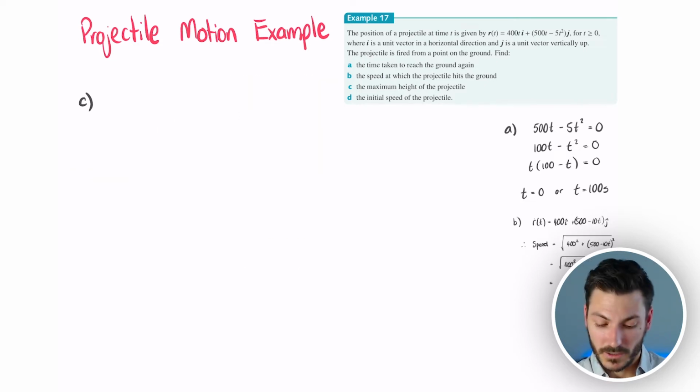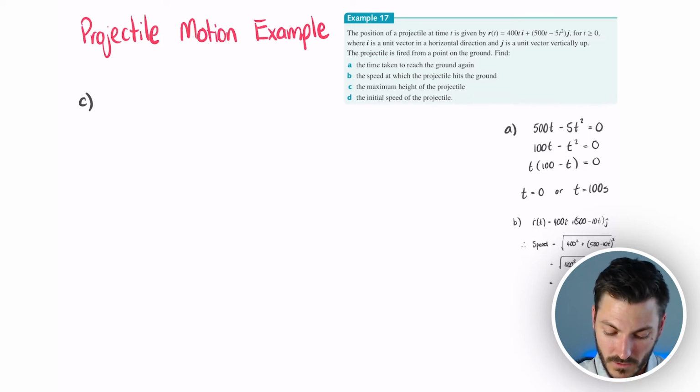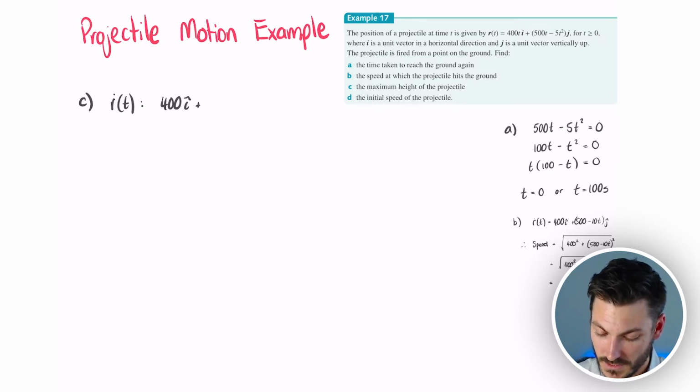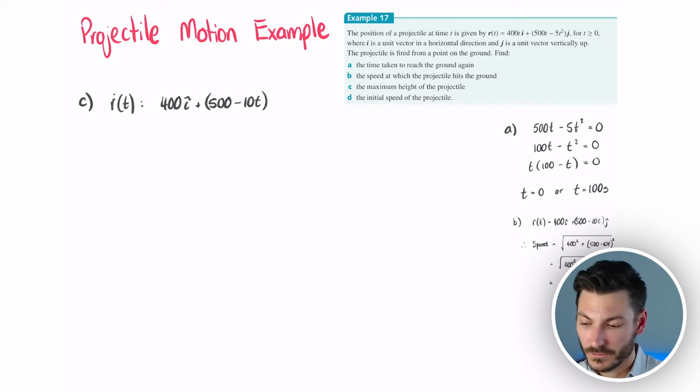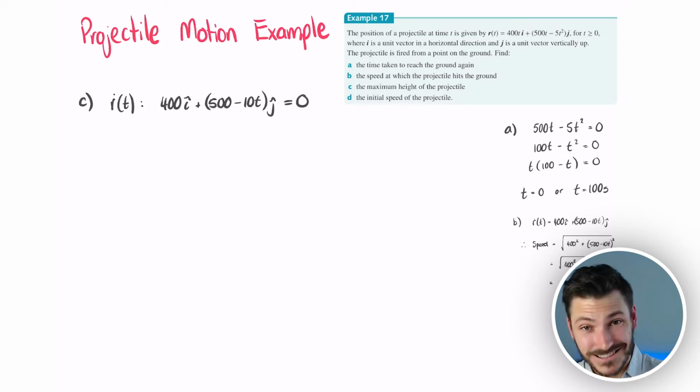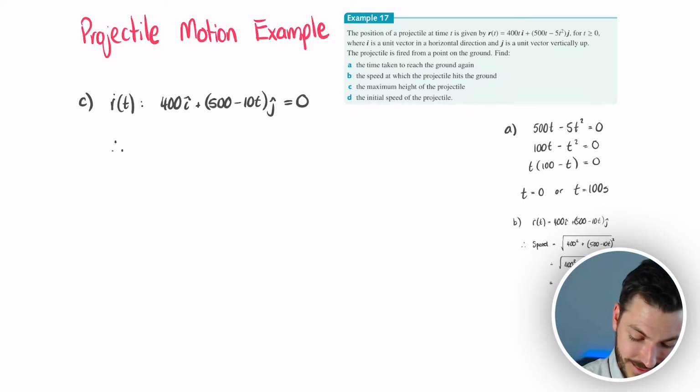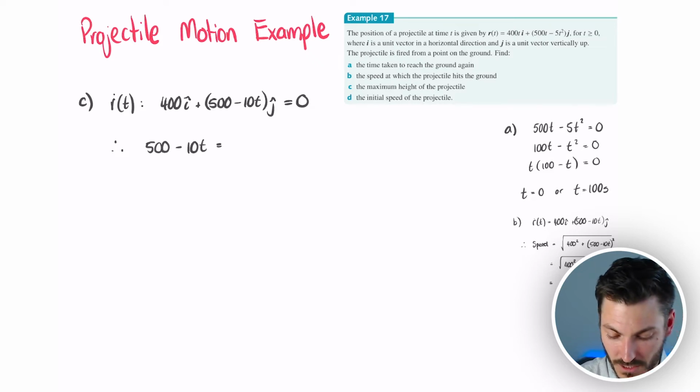It wants the maximum height of the particle, so let's determine when the vertical velocity equals 0. So it's 400i plus (500 minus 10t) in the j direction, and at maximum height the j component must equal 0. So 500 minus 10t must be equal to 0.